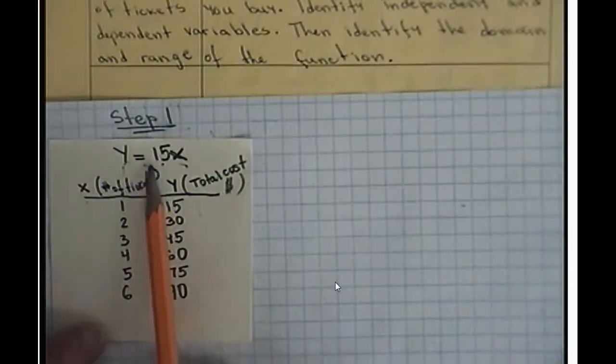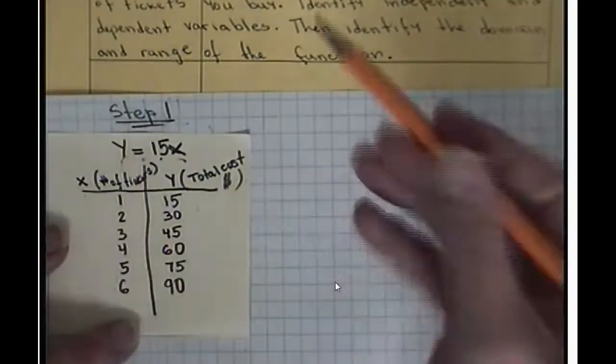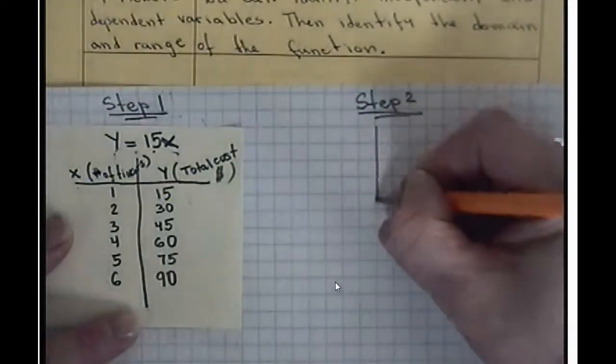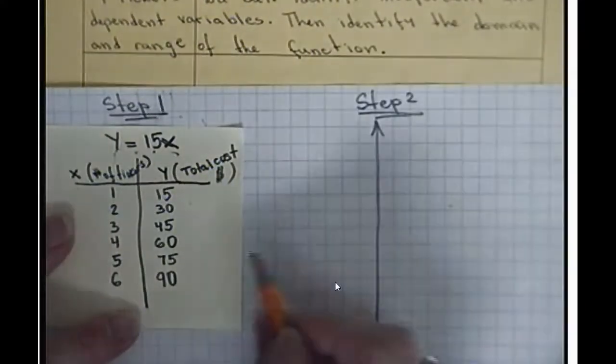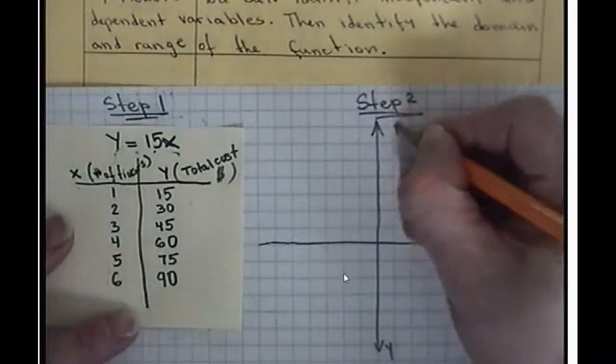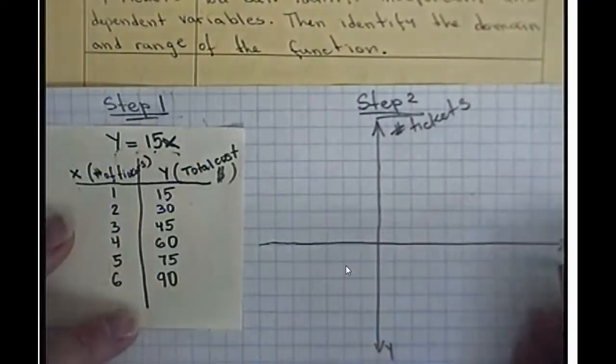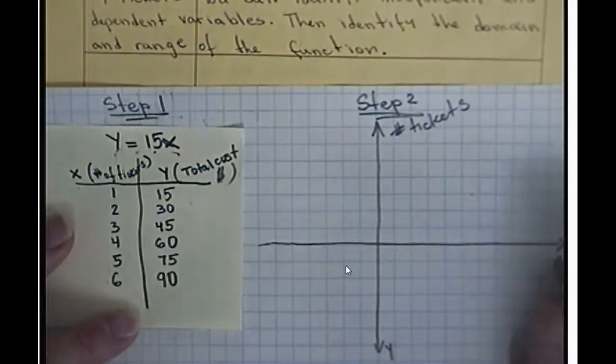So after I'm done with step 1, step 2, and also the final step, is to graph it. So I'm gonna make my y coordinate and x coordinate, and we already said that y will be the number of tickets and x will be the dollar amount, total cost.